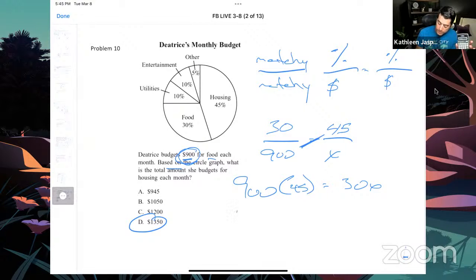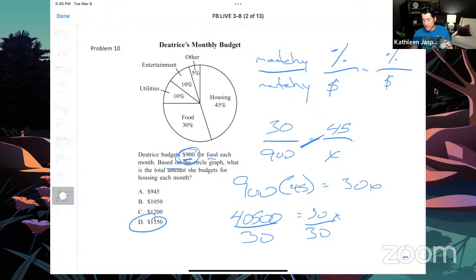I'm just writing it down so that you can see it. It's 40,500. And then what's the last step? You divide. Just in your calculator, you do 900 times 45, hit equals, and then divide by 30. And you also get x equals 1350, which is the same amount that we got the first time.